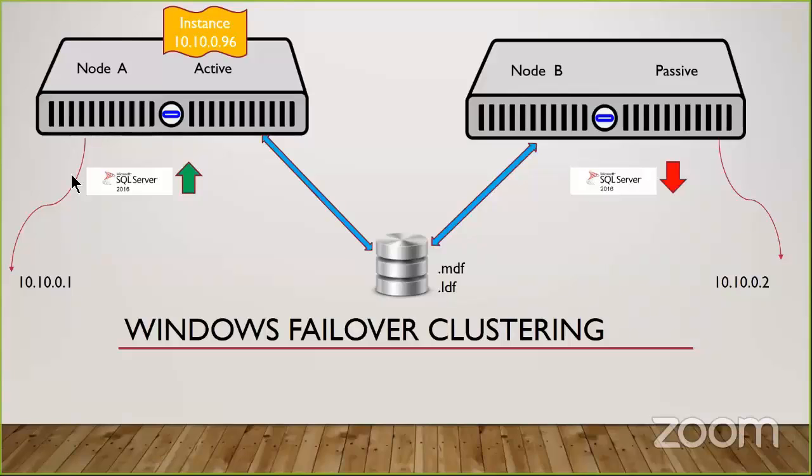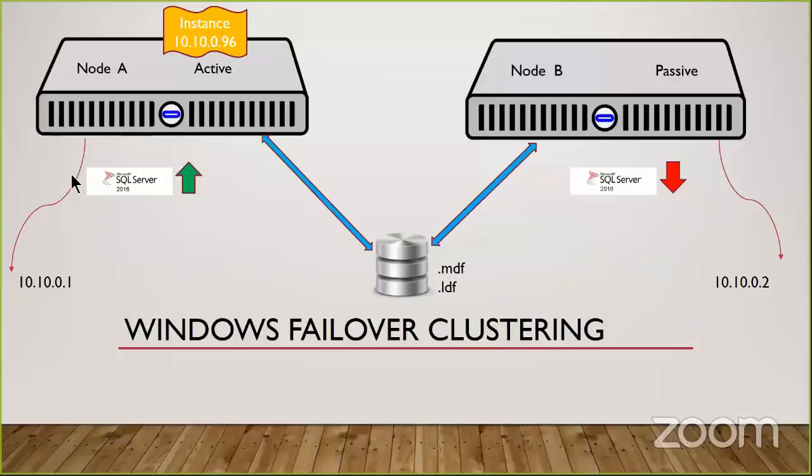It contains lots of things, but for our purposes, the only 2 important ones are the name of the instance. Notice I didn't say the name of the computer, the name of the SQL Server instance, and the IP address.